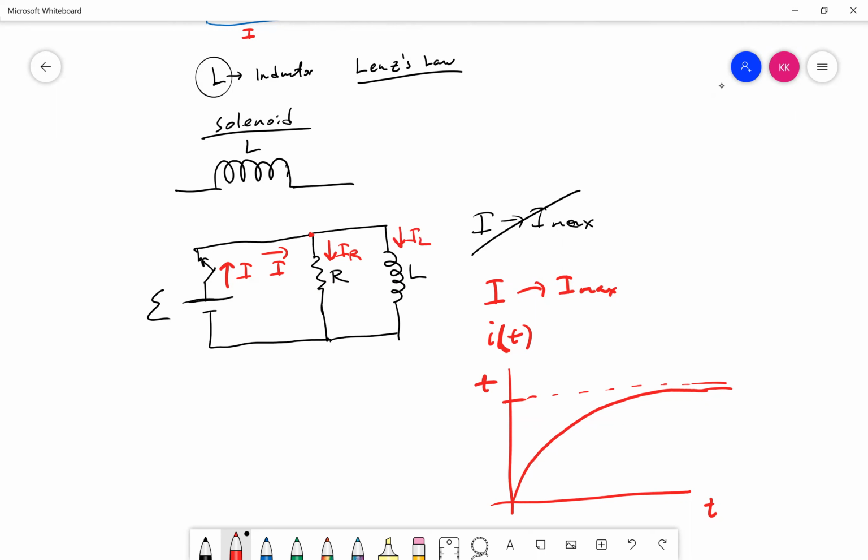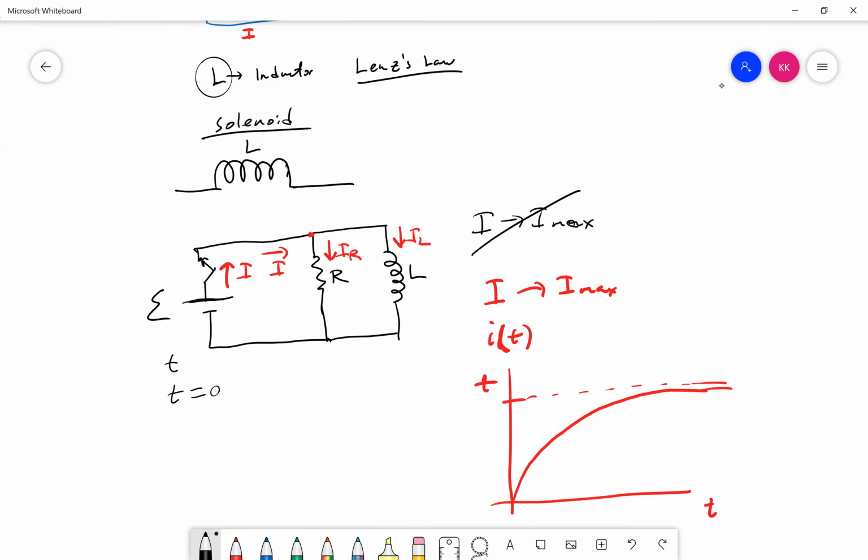Okay. Now, if we look at the circuit, as soon as we, let's say, close the switch, and by the way, we can always assume that t equals 0 is when we close the switch. So that's when we close the switch.